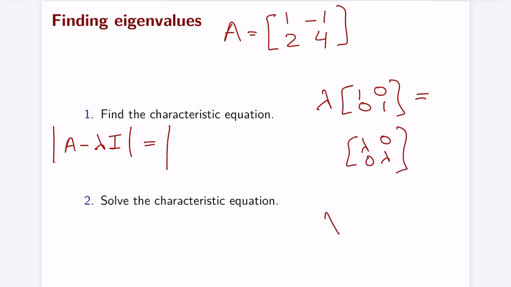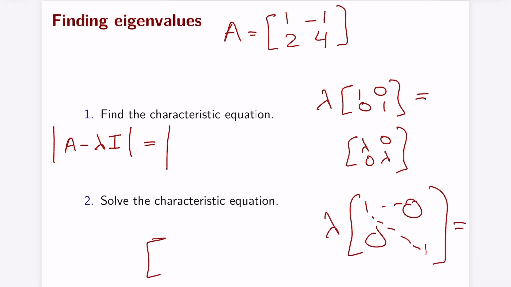So lambda times the identity of any dimension is a matrix with lambda in the diagonal and 0 everywhere else. So essentially, when we subtract lambda multiplied by the identity, we just subtract lambdas in the diagonal.